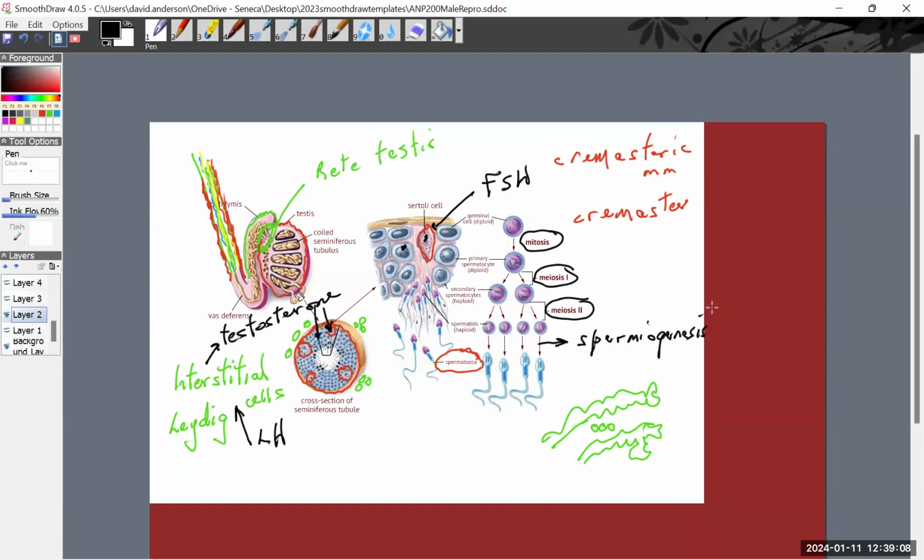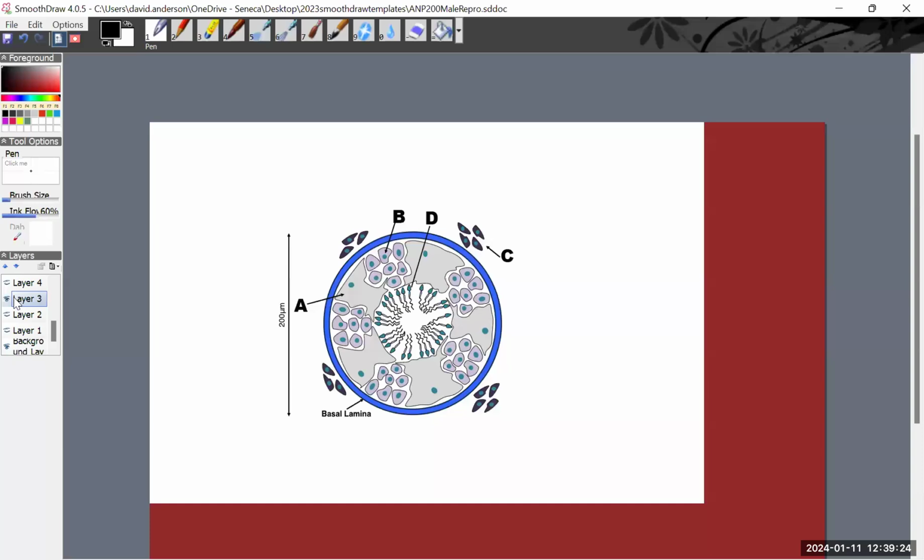Just to confuse you, that's one of the steps within spermatogenesis. So that's another piece of terminology that you need to become aware of. And I think we have a better diagram to show you that. Let's see.